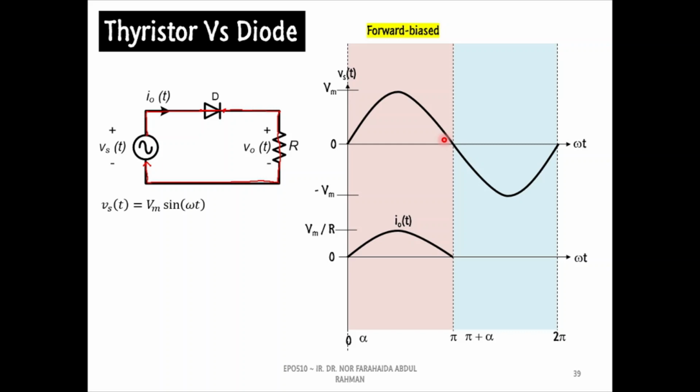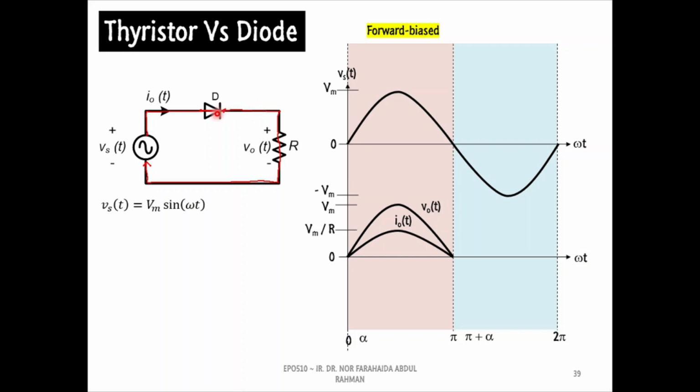Next, by analyzing the circuit, we can also sketch the output voltage waveform across the resistor. Now, the supply voltage waveform is in the negative half cycle. For this condition, the current will flow from the negative terminal of the voltage source to the cathode terminal of the diode.